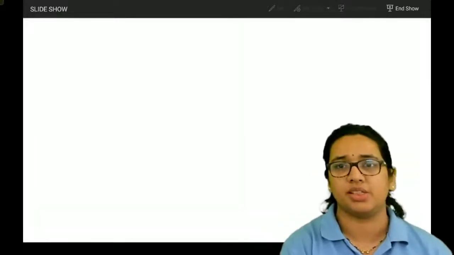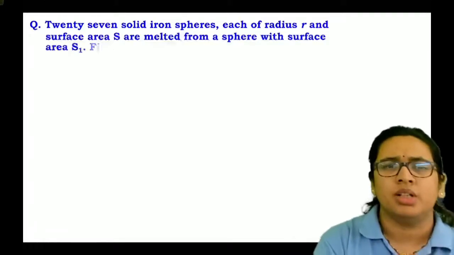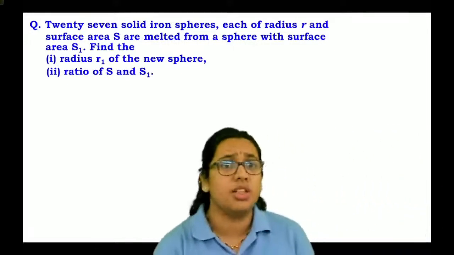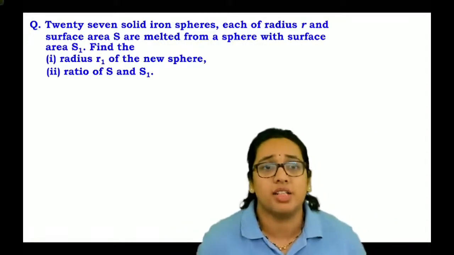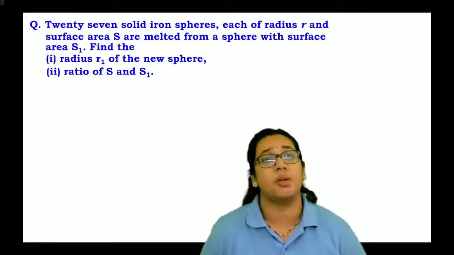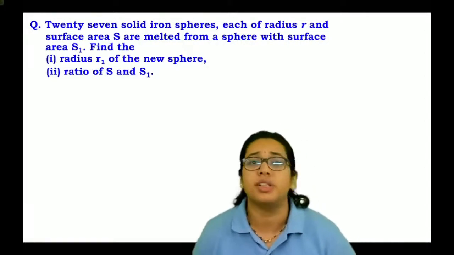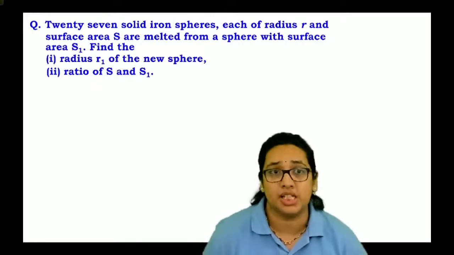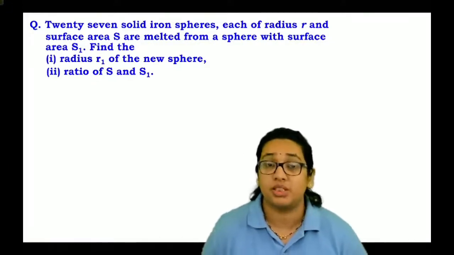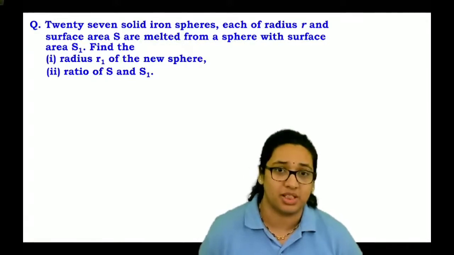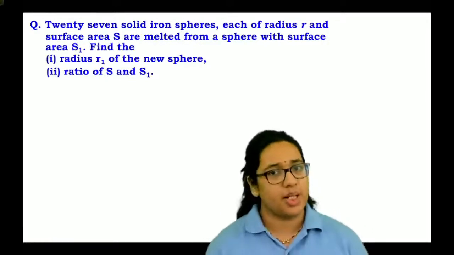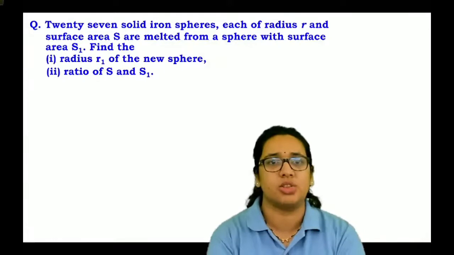Yes. Here we have the next question. 27 solid iron spheres, each of radius r and surface area s, are melted from a sphere with the surface area s1. Means for this case, आपको कोई भी न्यूमेरिकल वैल्यू नहीं मिल रही, जस्ट a general type of question उसमें से solve करना.